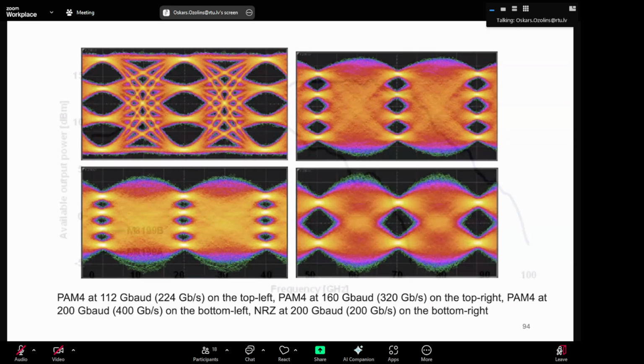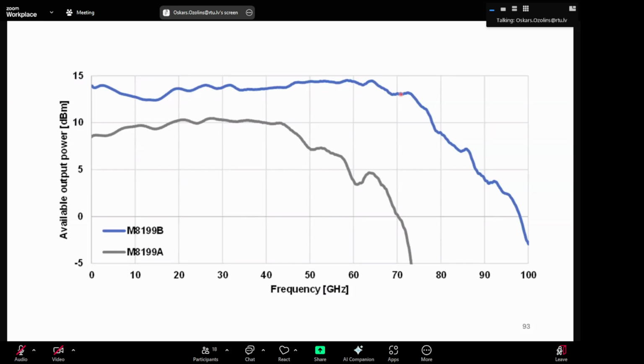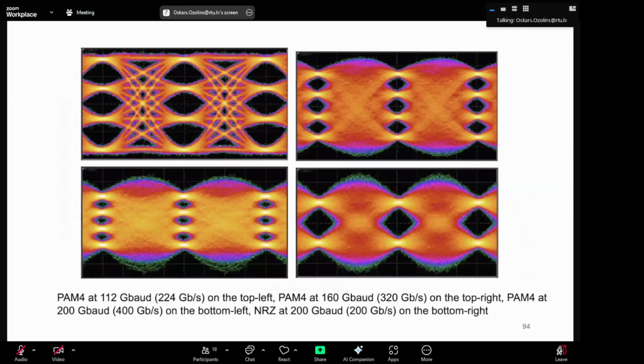These eye diagrams are from the instrument with the blue curve. It's most likely using a short piece of cable to the oscilloscope, and then some signal processing like pre-equalization. I'm going to talk slightly later in the lecture about pre-equalization, post-equalization, and also a little about the signal processing that's done on pulse amplitude modulation signals.